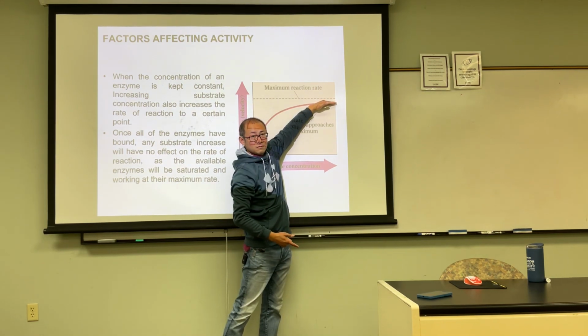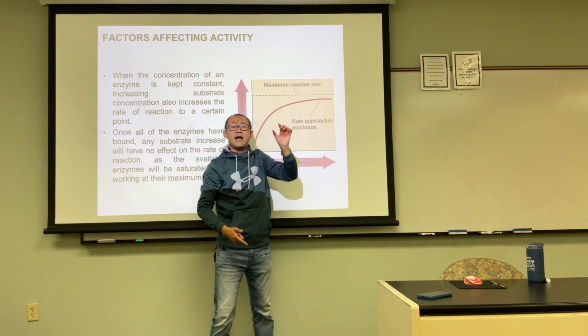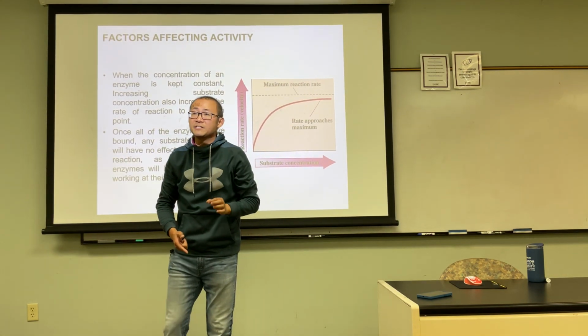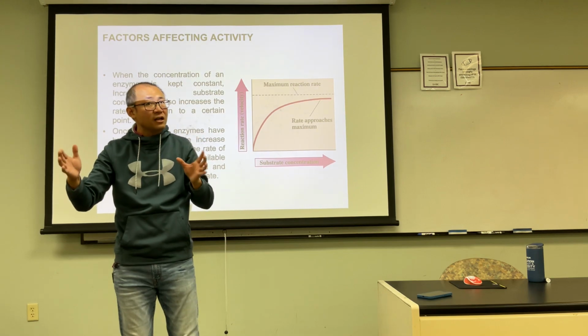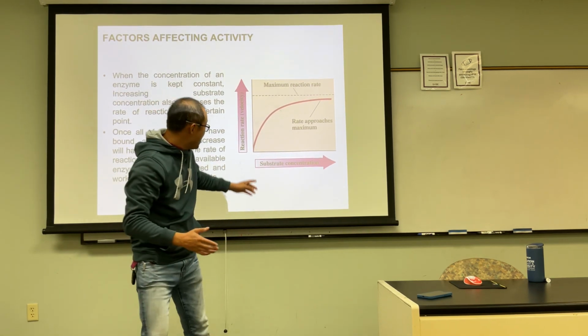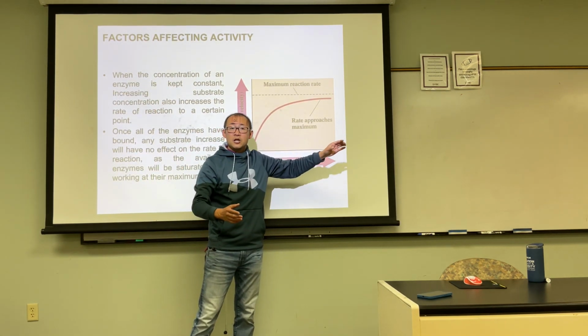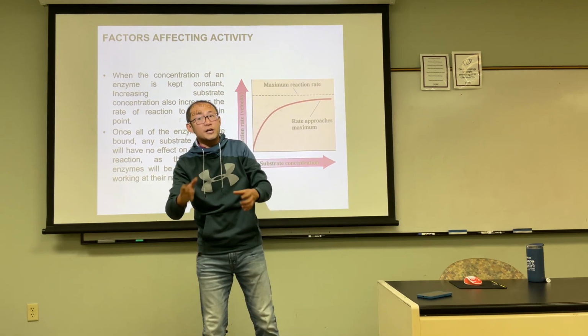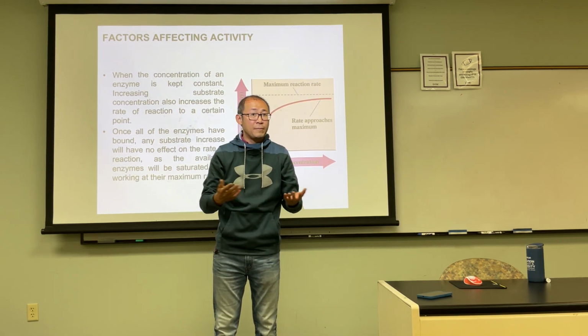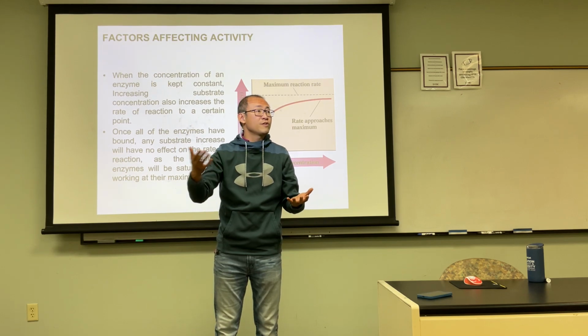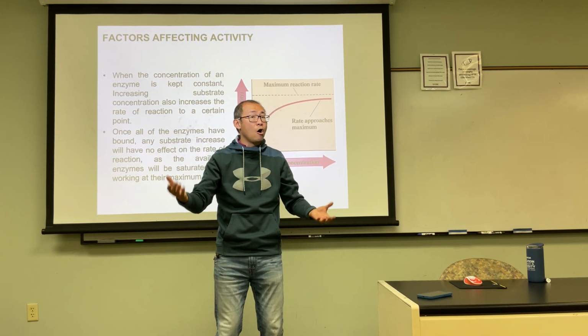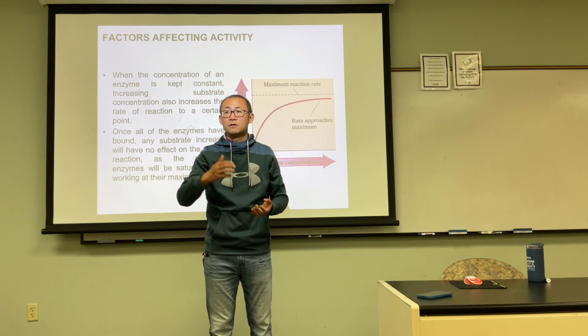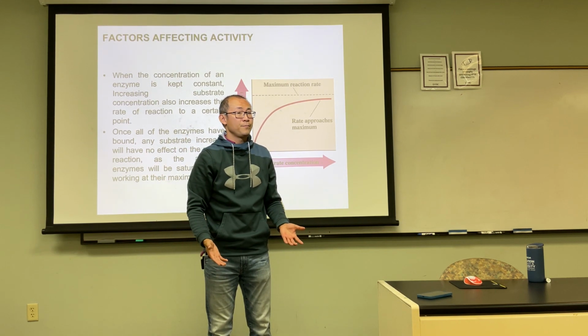Why is that? Remember, enzyme has an active site. When you have a lot of substrate, if all the enzymes are occupied, what happens? If you keep increasing the substrate, there will be no more enzyme available to take your substrate.